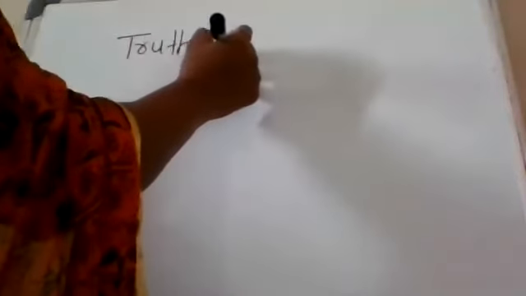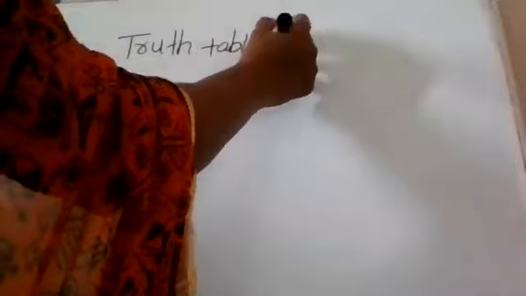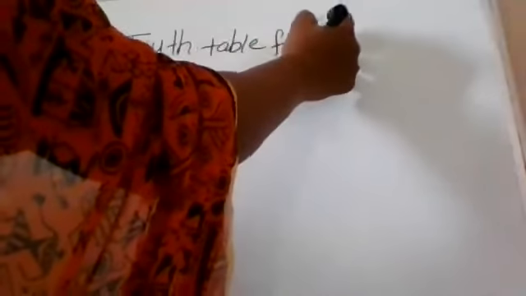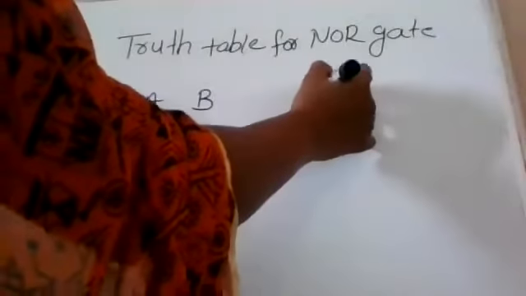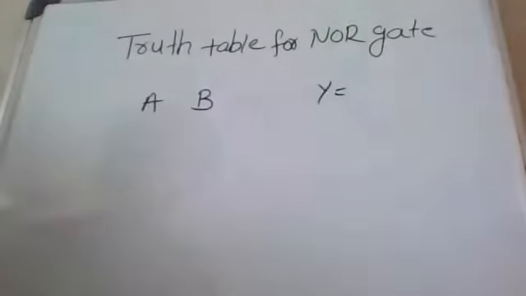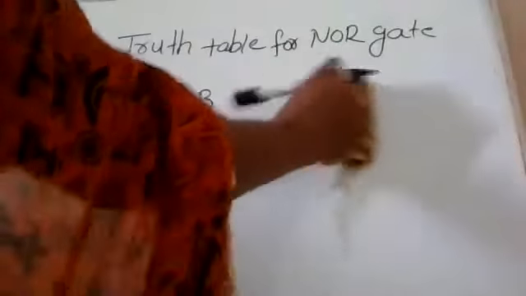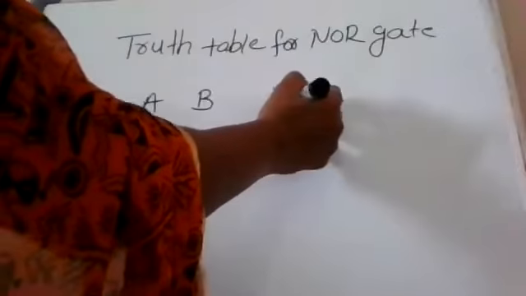Next, truth table for NOR gate. A comma B inputs. What is the output? Y equal to A plus B complement.